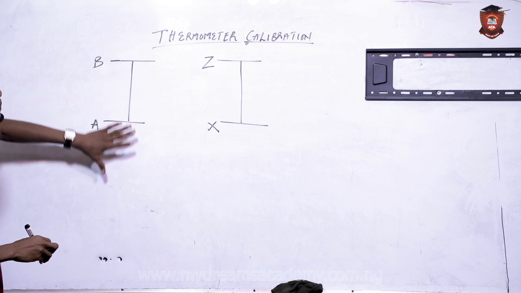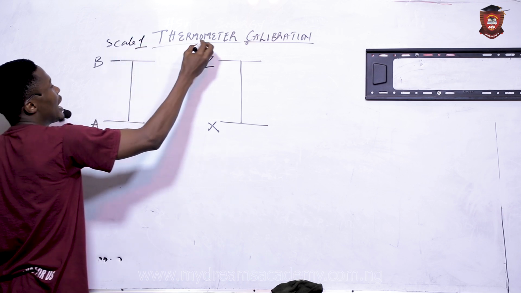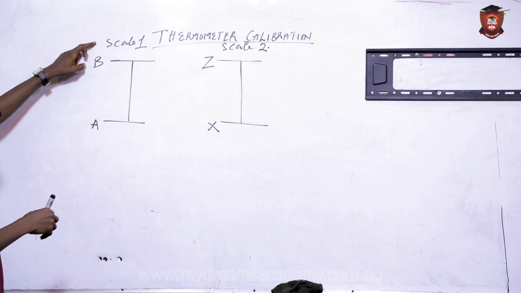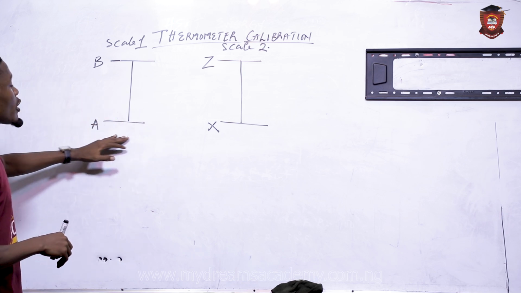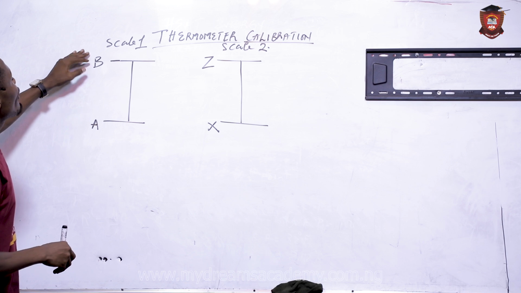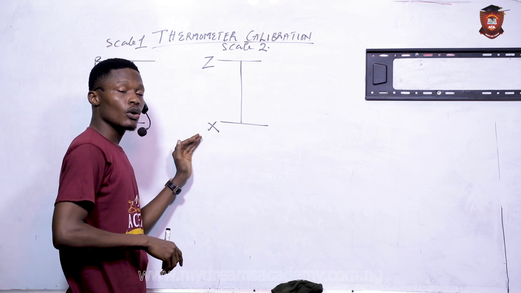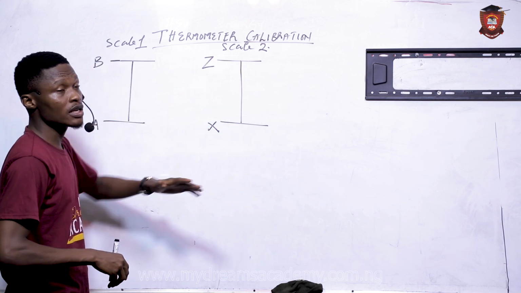It means that for this particular scale, let's call this scale 1, and this scale 2, water will freeze at a temperature of A, or at a property A, and water will boil at a property B. And for scale 2, water will freeze at X and boil at Z. That is what it means.